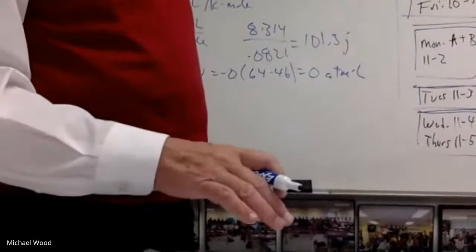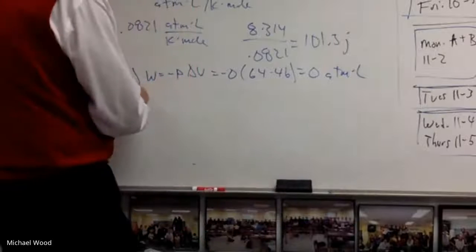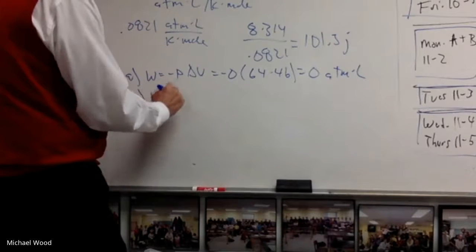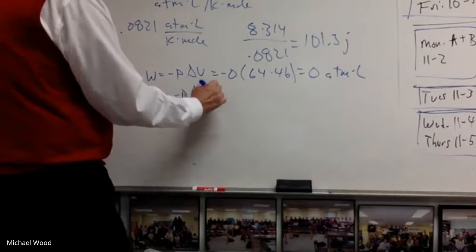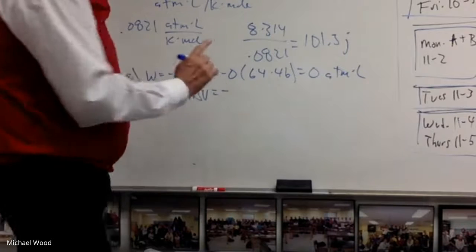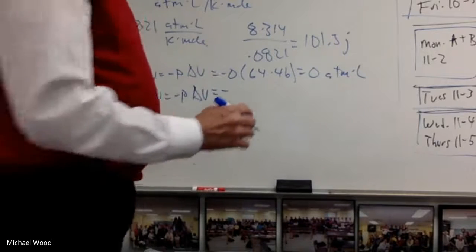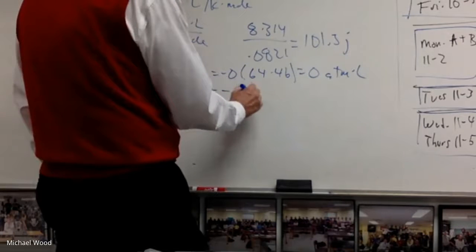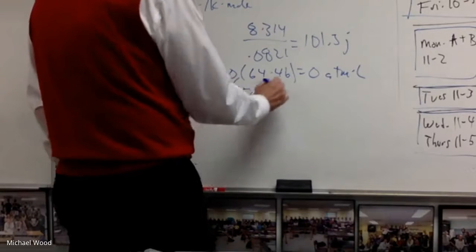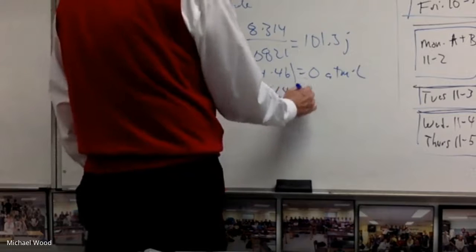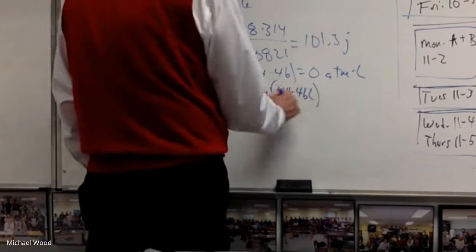Okay, now for B. It says that this time the pressure, so work is negative P times delta V, and it's negative. The sign's important here. So we have 15 atmospheres, and then 64 minus 46, and these are liters.